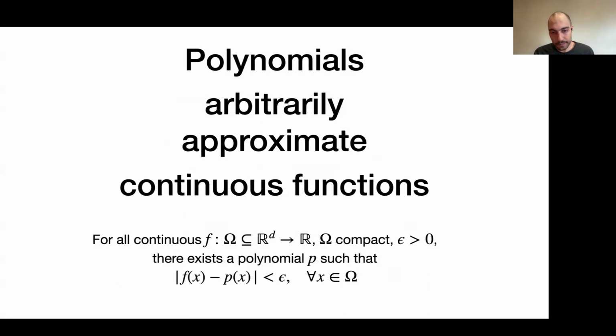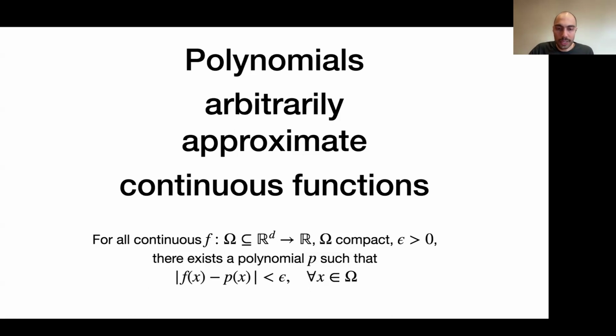I think they come up both as a proof technique and as a tool for application. The basic message is that polynomials are expressive in a universal sense, meaning that if you have any compact domain and you want to approximate a continuous function, there's always going to be a polynomial that's within an epsilon error of that true function f.